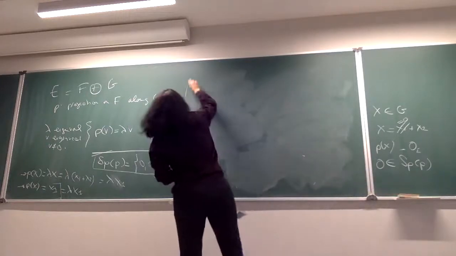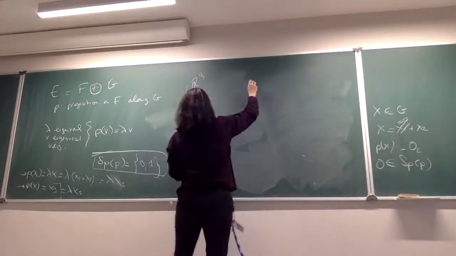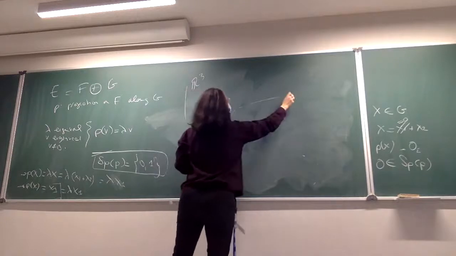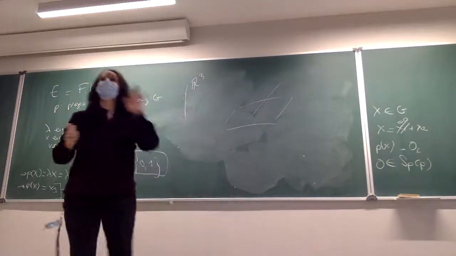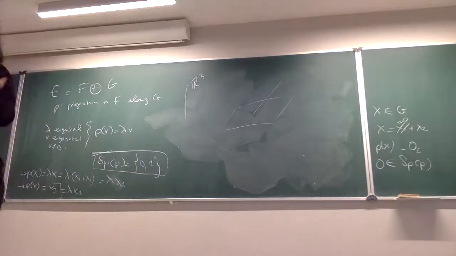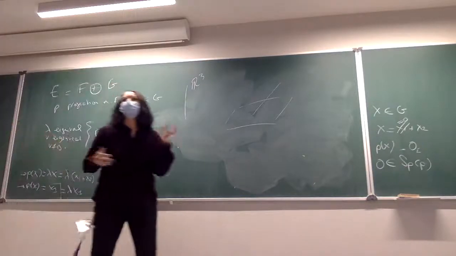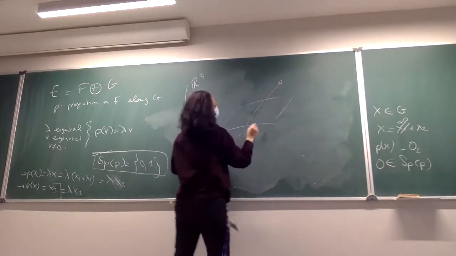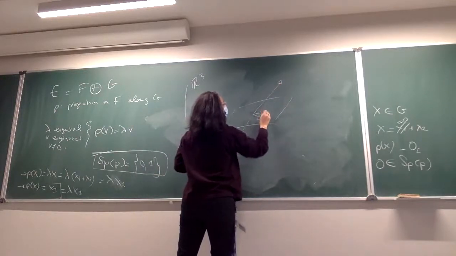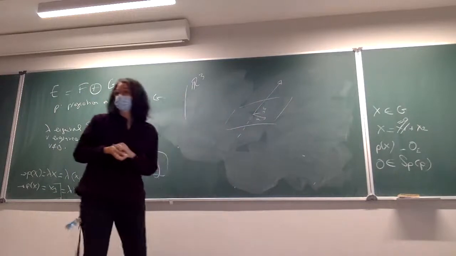Let's say that I'm in R3. So in R3 I need 3 directions. Let's say I've got a plane and I've got some direction. I'm purposely taking something that is not orthogonal because we will deal with orthogonality next chapter. Okay? So we've got another direction. Let's say we've got A and B to span my plane.